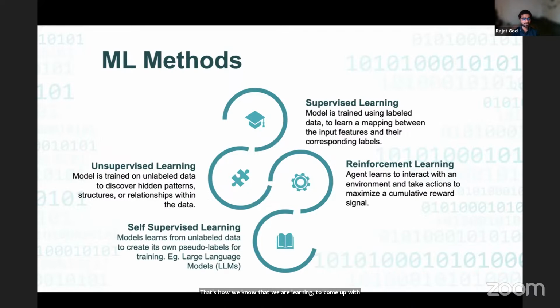Last is another category, one of many. These are just 4 major categories that I've discussed, but there are a lot more than this. But the last one is self-supervised learning. Here, we provide a lot of unlabeled data to the model to train from, but it not only identifies the pattern, it also creates its own pseudo labels for training.